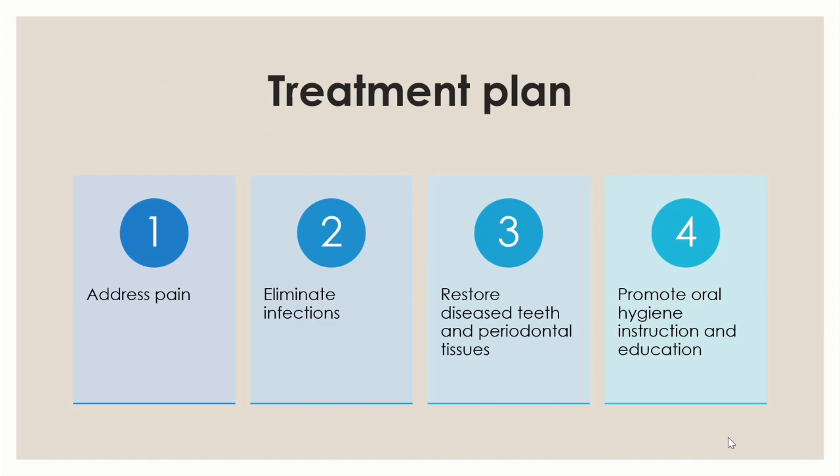A comprehensive treatment plan should be formulated based on the collected information and phased in terms of priority of care, addressing the patient's pain, eliminating any oral infections, restoration of decayed teeth, treating the periodontal diseases, and also providing oral hygiene instruction and education.